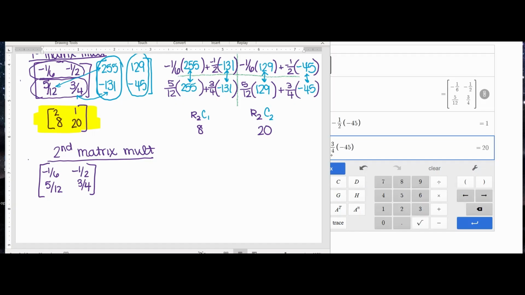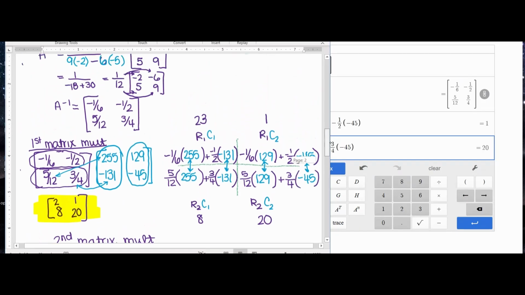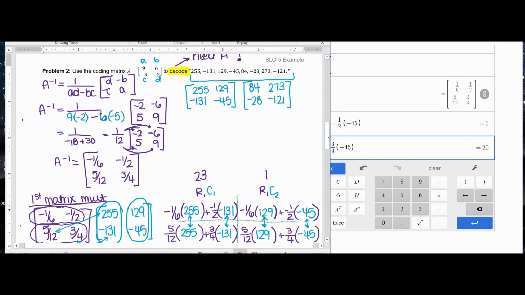So we're going to have to do this twice. What I mean by break it up is that a lot of students are more comfortable multiplying by a 2 by 1. A 2 by 2 is just two 2 by 1s smushed together.